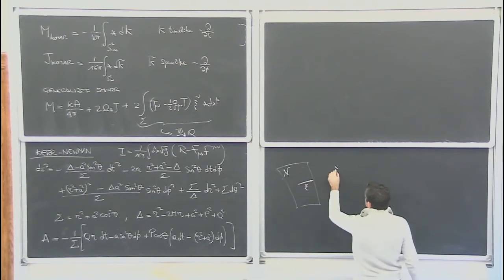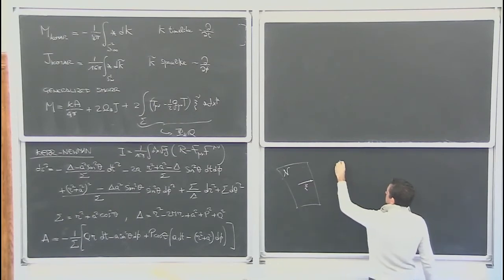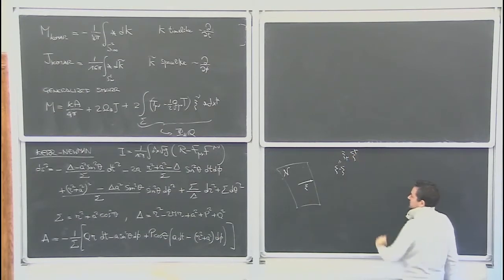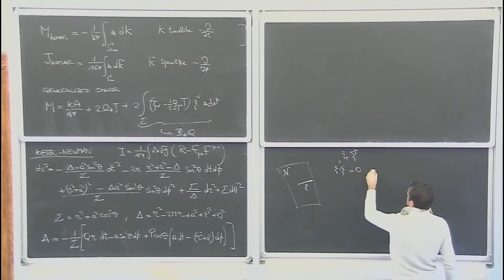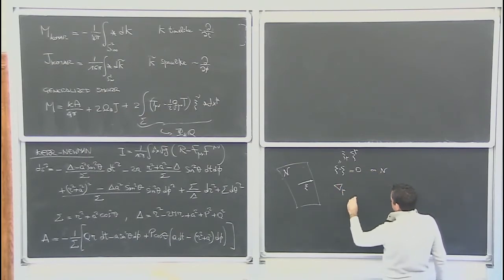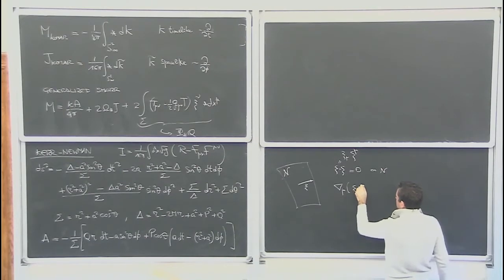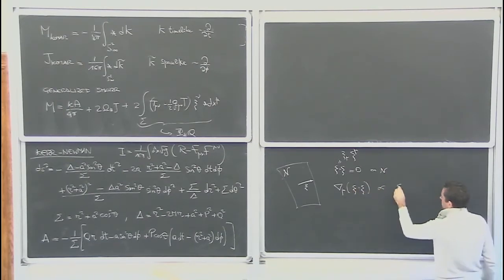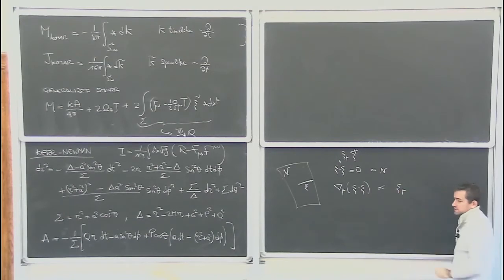And we said xi dot xi is null on N. By xi dot xi, just to clarify the notation, I mean just the contraction of the indices. And then I said something confusing about this gradient. I said that this is proportional to xi, but I didn't really motivate well why.